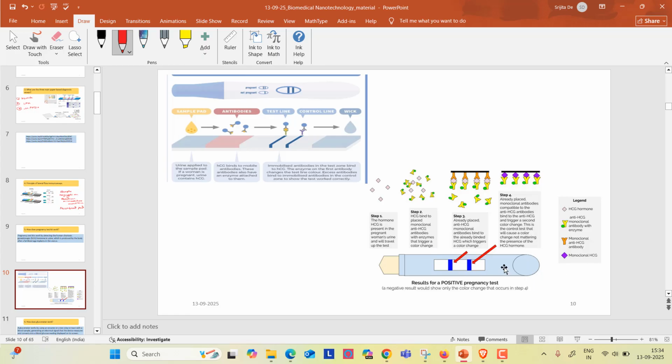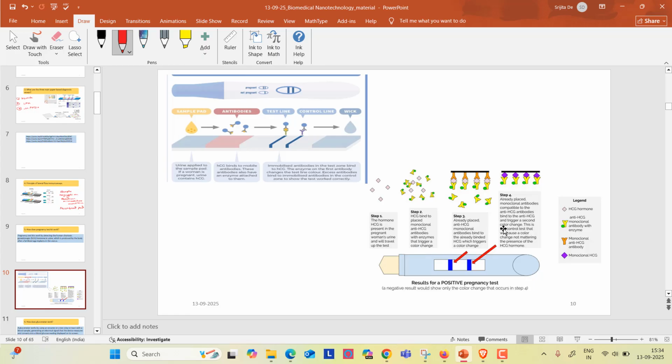Here it is written much more clearly. First, the hormone HCG is present in the pregnant woman's urine and will travel up the test. In the second step, in the conjugation pad, HCG binds to placed monoclonal anti-HCG antibodies with an enzyme that triggers the color change.